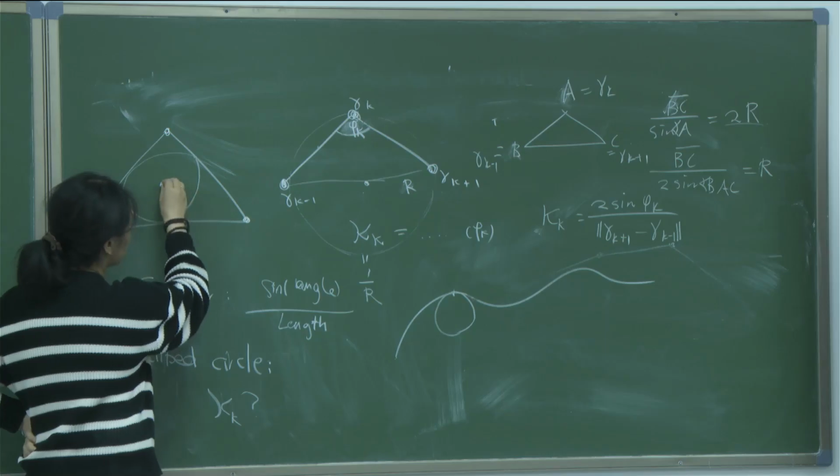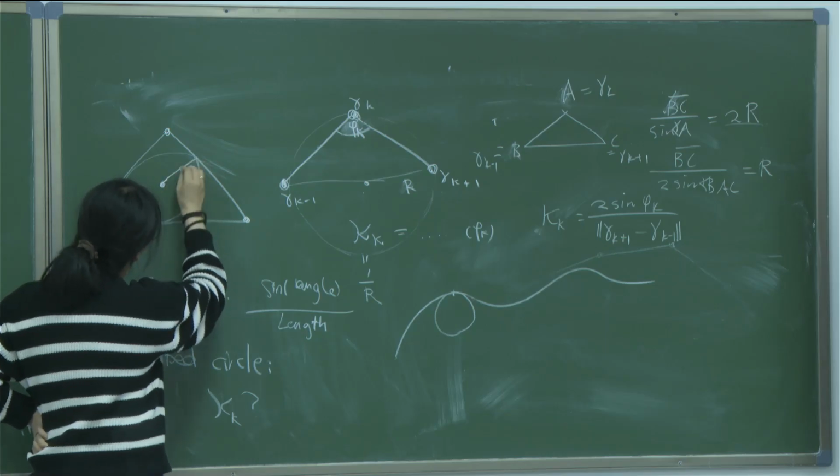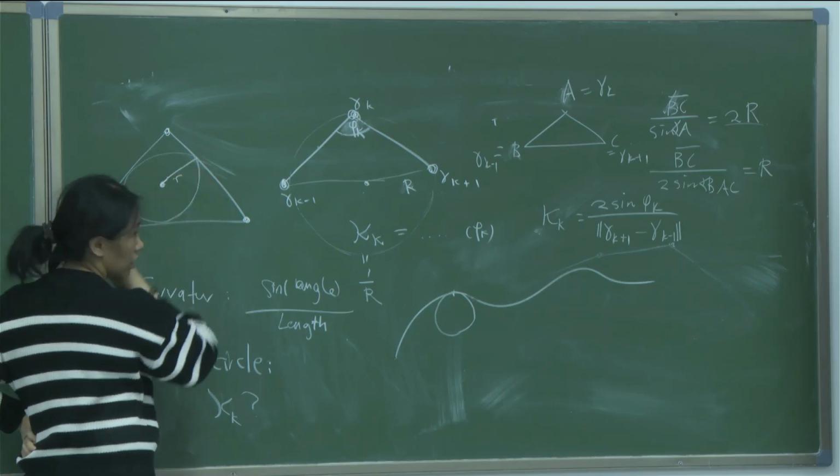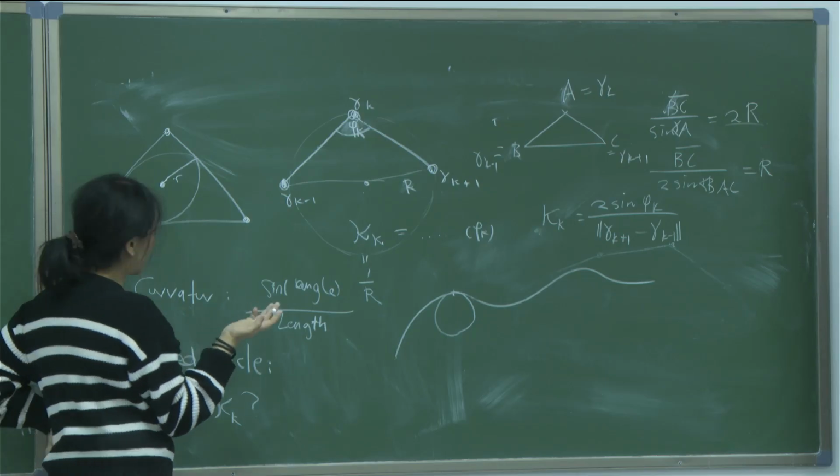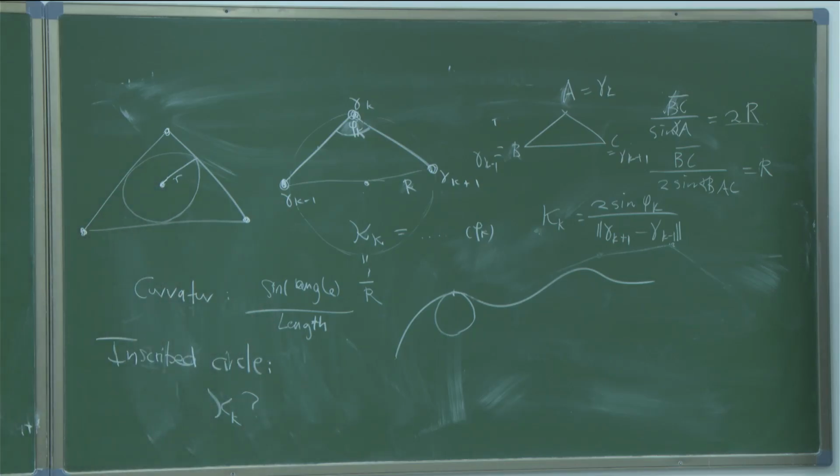The question is how to now compute this R here, right? That's why discrete geometry is always like elementary geometry in school, because you always have these triangles and you need to compute.